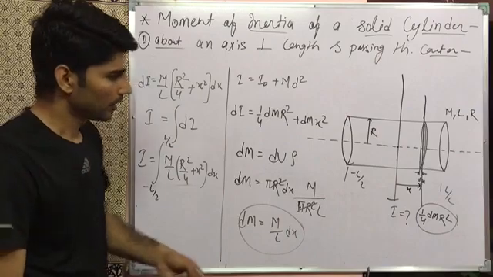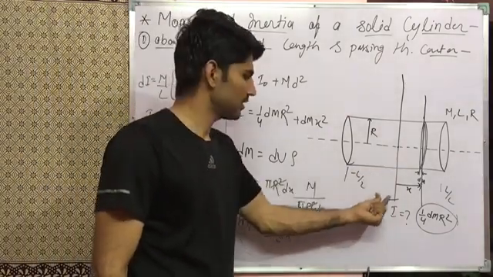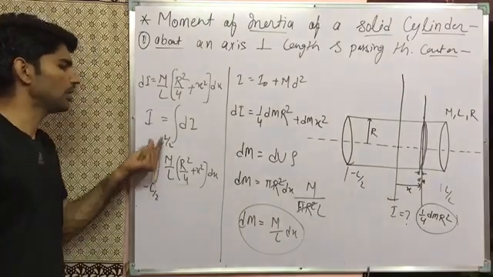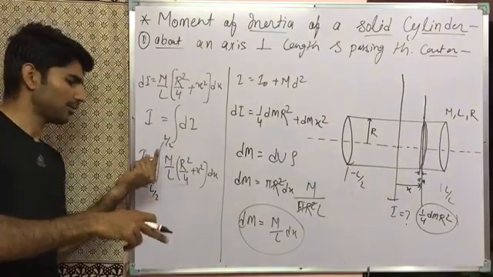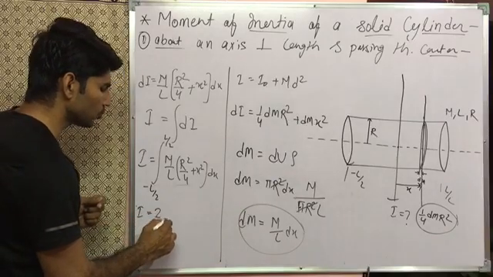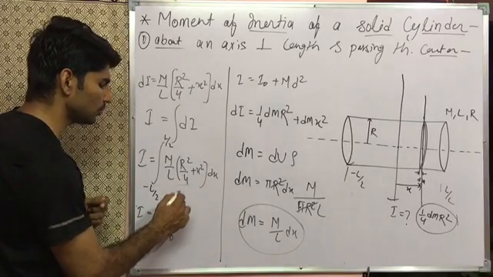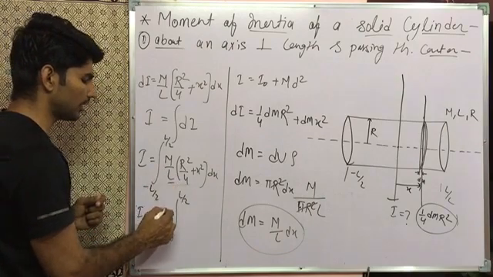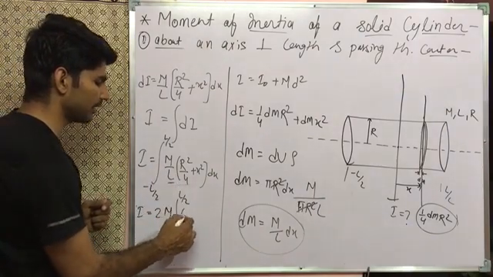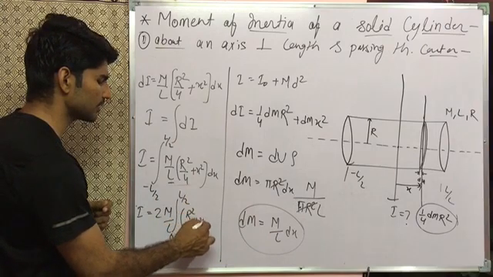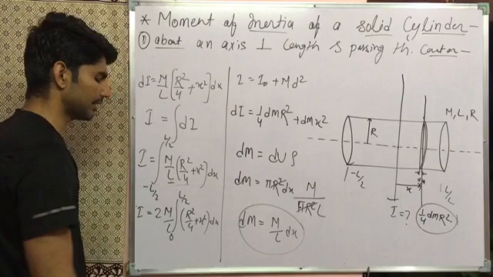And you know this cylinder has symmetry about this axis, so I can change this limit from 0 to L by 2 and multiply it by 2. So I am doing that here, 2 integration 0 to L by 2. I take this constant m by L out, and remaining inside the integration is r square by 4 plus x square, and dx.